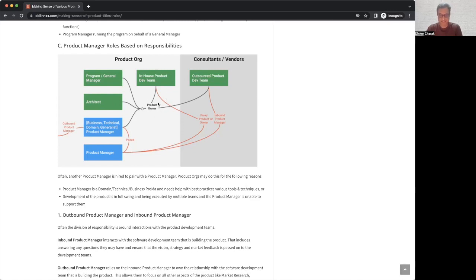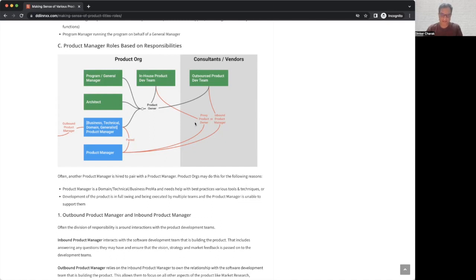And sometimes they just don't have the bandwidth, and they would appreciate it if someone comes and pairs with them. For these development teams, this person who's pairing with the product owner becomes a proxy to this product owner.